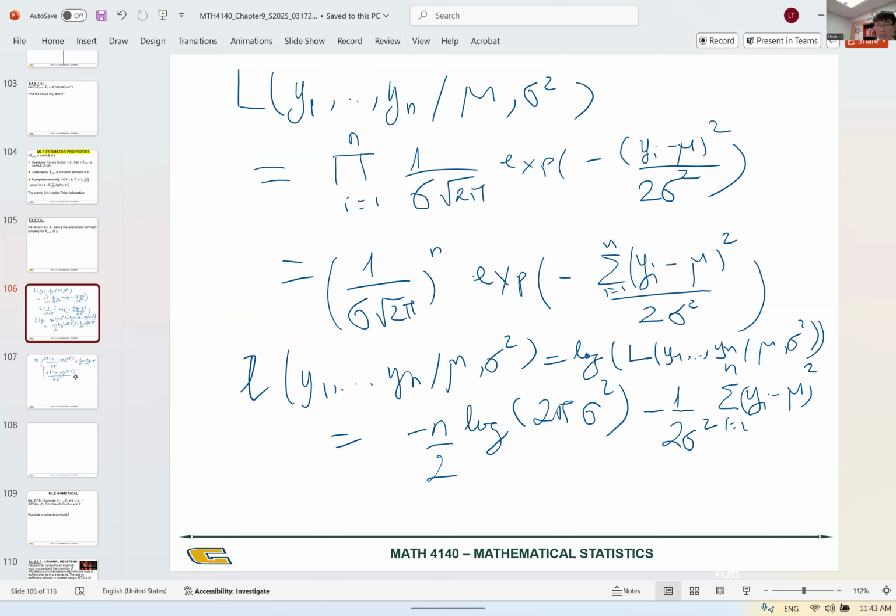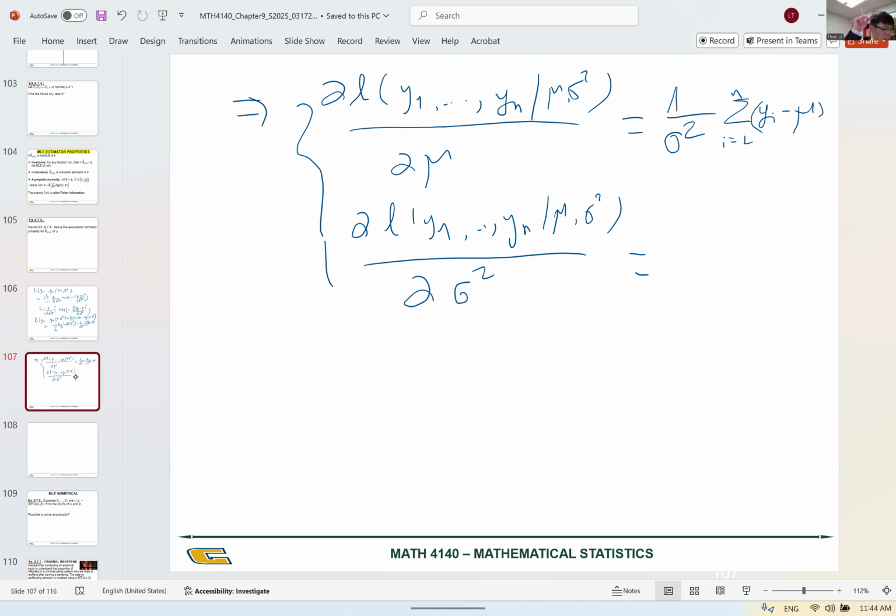this. The pi, the log we can take out and it is 0, right? So for sigma square, it will be 1 over sigma square. So it becomes negative n over 2 sigma square.